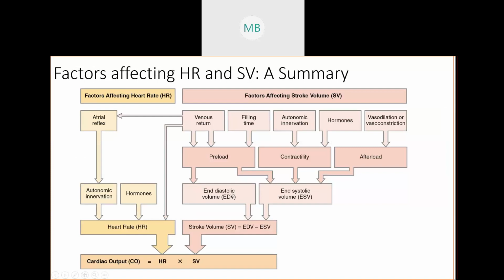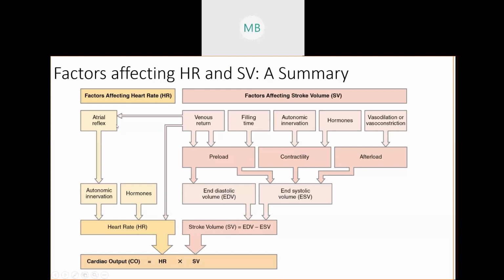So if you want to put all of this together in a lovely little flowchart, here you go, this magical flowchart. We know that we're talking about venous return, filling time for your heart. You're going to have autonomic intervention, hormones that control this, whether or not your arteries are dilated or constricted. And all of this is going to affect preload, contractility, and afterload, which is all going to affect your end diastolic volume or your end systolic volume, which is going to end up affecting your stroke volume.